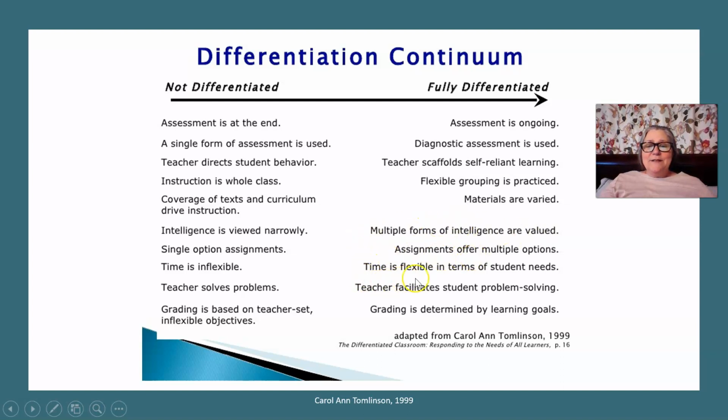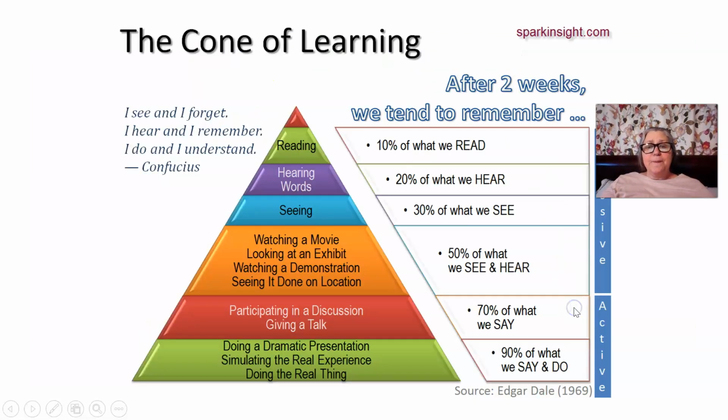Time flexibility and thinking about their needs. And thinking about grading based on learning goals rather than some crazy grading scale. So, if you think about the different teachers that you've had, where have different ones been on this continuum?